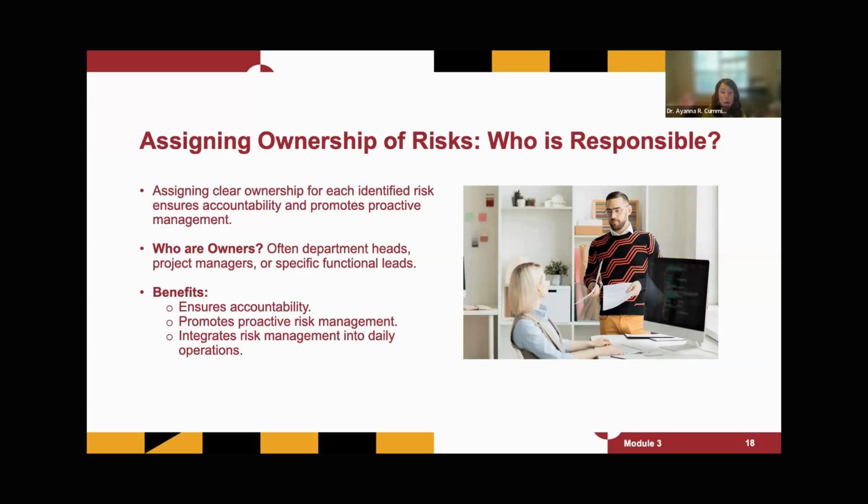It also promotes proactive risk management on the part of all of the members of the organization and integrates our risk management process into the daily operations, and people begin to own the outcome of success in that company in a way that you may not otherwise witness without clear assignment of ownership. Next slide.